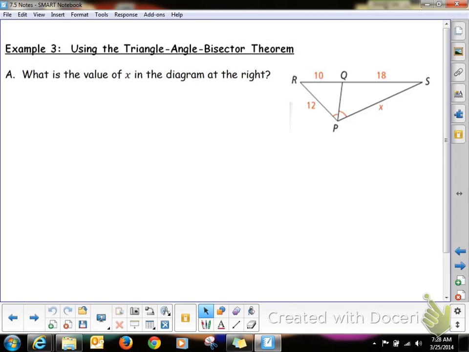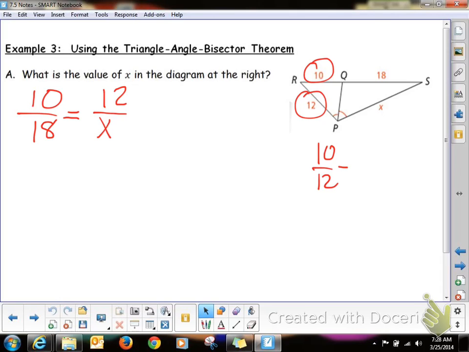So let's use it. Using the Triangle-Angle-Bisector theorem, what's the value of x in the diagram? So you could write this proportion as this. I know this is an angle bisector. So I could say 10 over this piece, 18, is equal to the side that corresponds to 10, 12, over the side that corresponds to 18, x. I could do this, or I could say that 10 over 12 is equal to 18 over x.